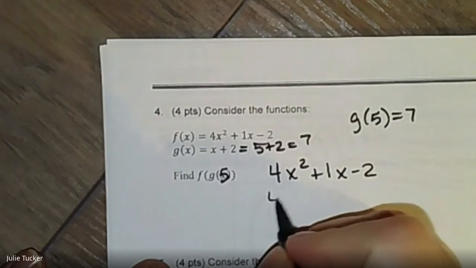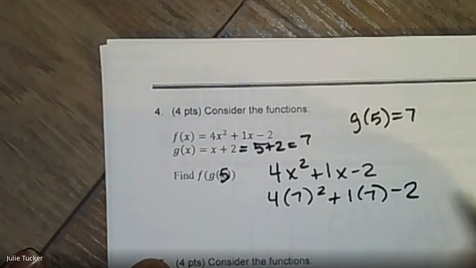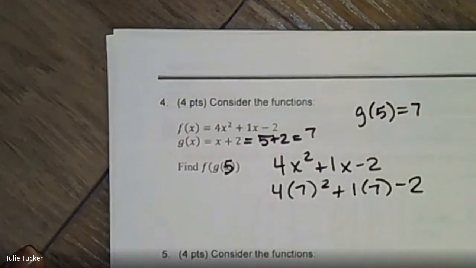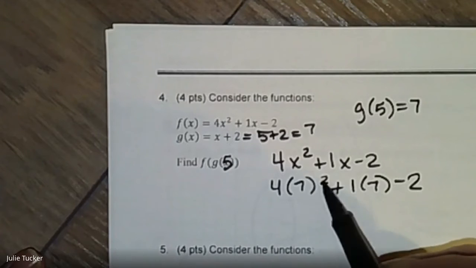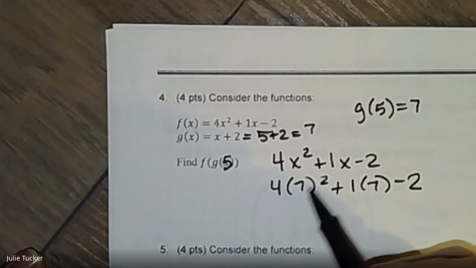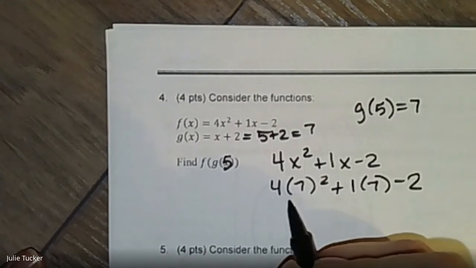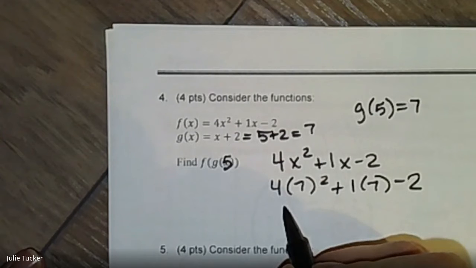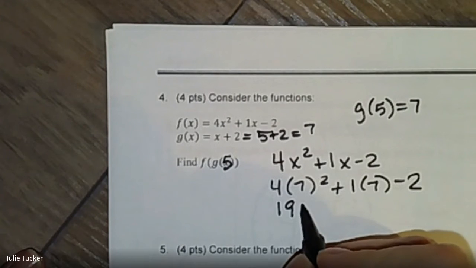So we're going to write 4 times 7 squared plus 1 times 7 minus 2. Okay. So 49. Yes. So 49 times 4 is going to give me, hold on. I can check that in a second. 196.